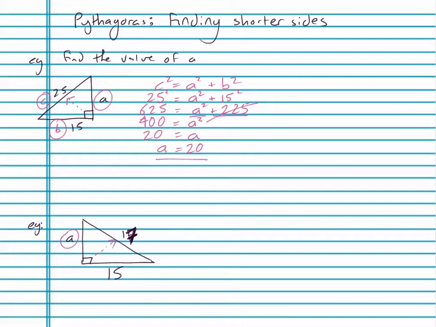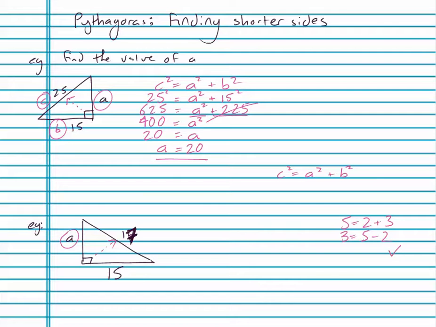So that's finding a short side just using Pythagoras' theorem the way that we've learnt it. But we could use a rearranged version of the theorem so we didn't have to rearrange in the middle of our sum. If c squared equals a squared plus b squared, think about if I said 5 equals 2 plus 3. Does that mean that 3 is 5 minus 2? Yes.